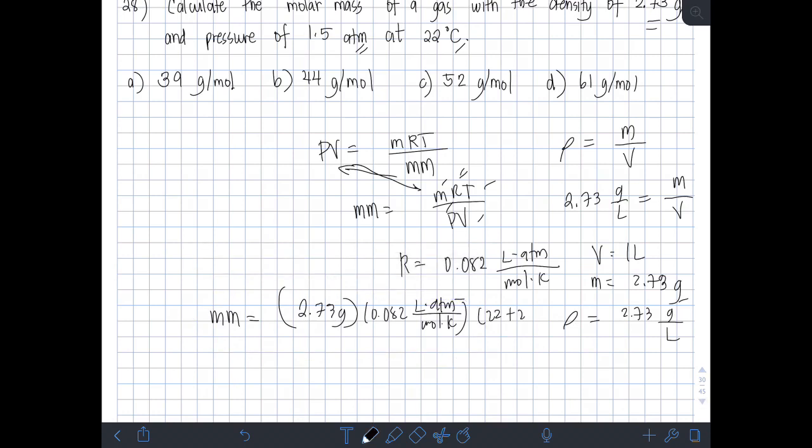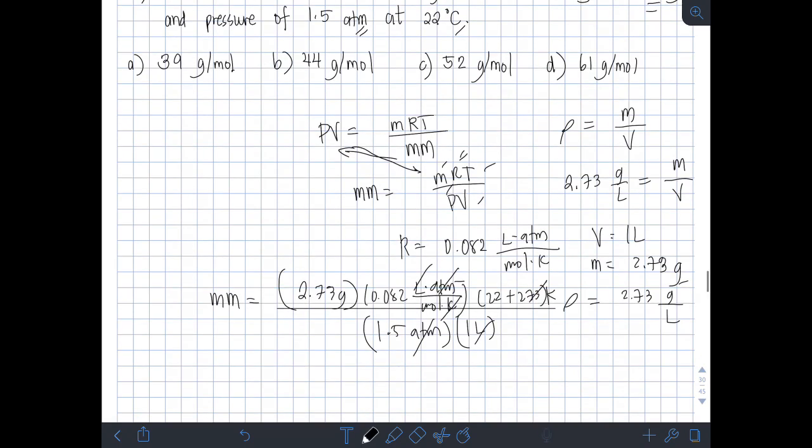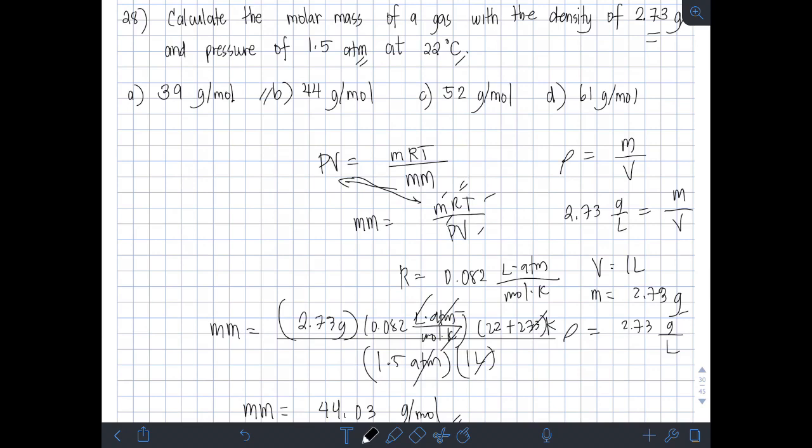So, 22 plus 273, so Kelvin na siya, divided by pressure na 1.5 atm, then volume na 1 liter. So, makakancel natin si K, si atm, si liter, matitira is gram per mole. So, using calculator, anong masasolve nating value? 44.03 gram per mole. So, the answer is letter B.